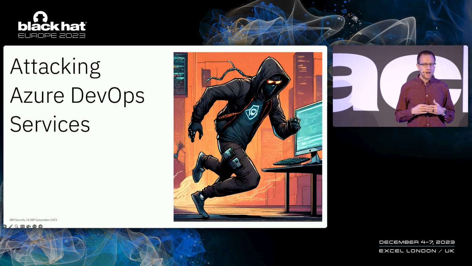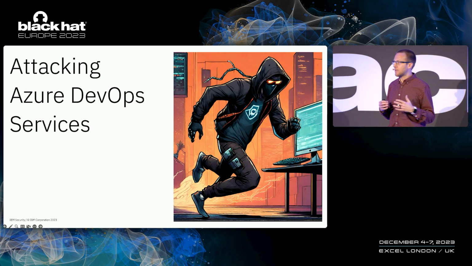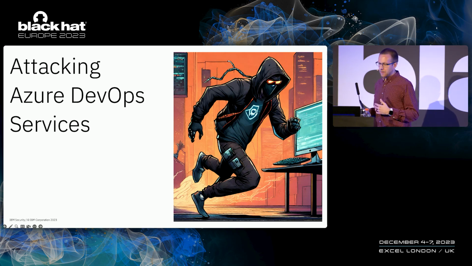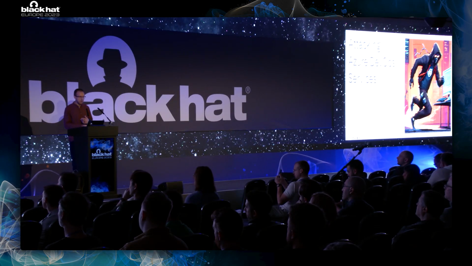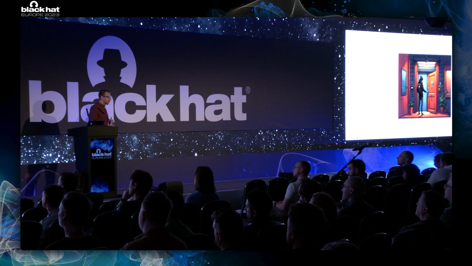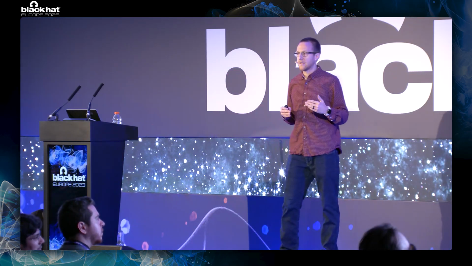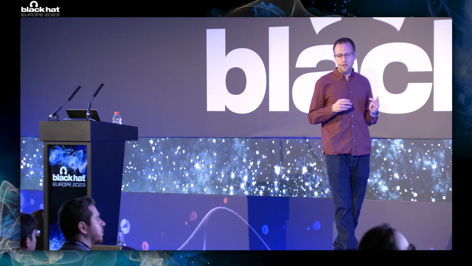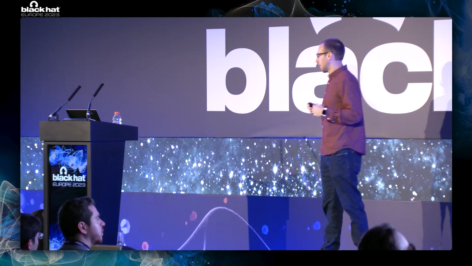So now that we've got a background on Azure DevOps Services, let's get into actually attacking the platform. With initial access, there are 3 different options. You're going to need some sort of credential to get initial access. That could be a username and password, personal access token, or an authentication cookie.